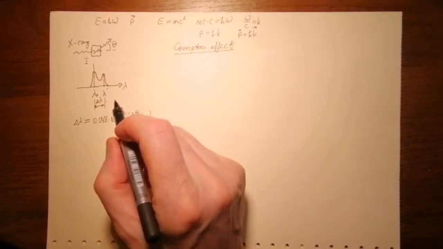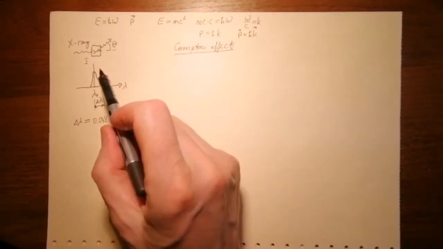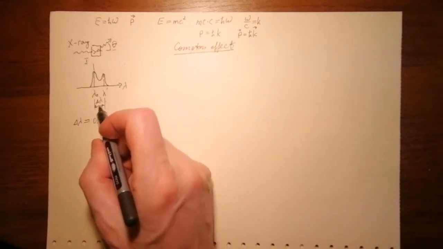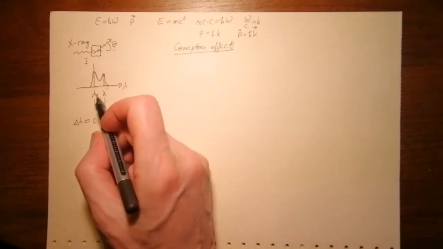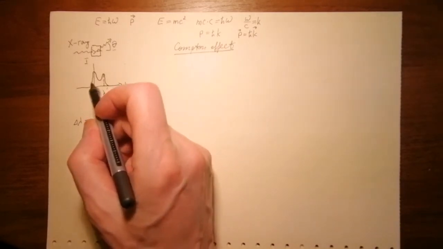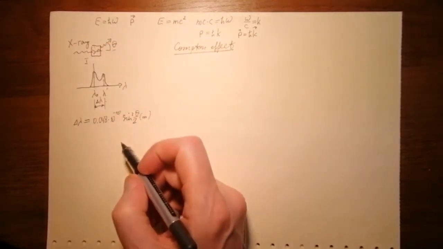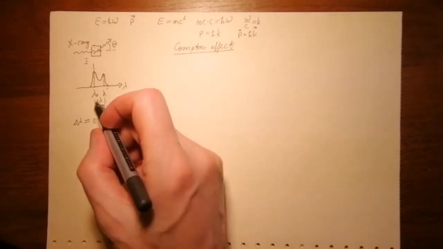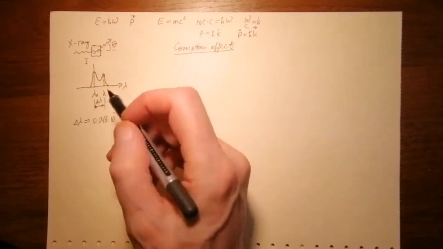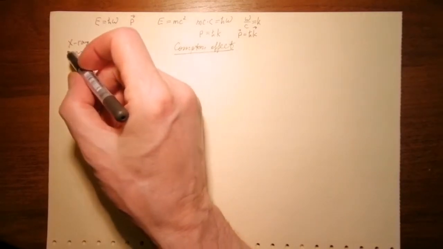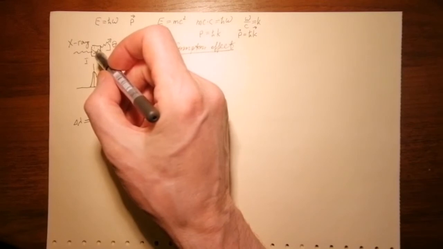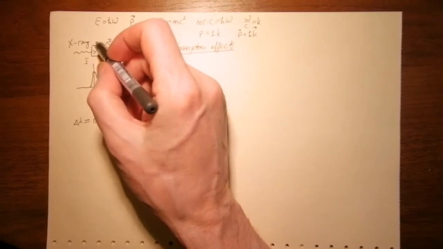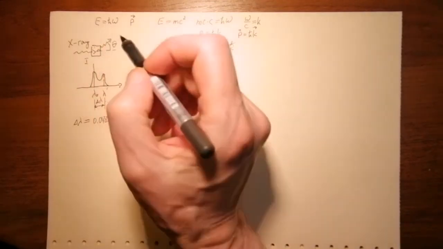This experiment was done with different materials and with different wavelengths, and it appeared that delta lambda doesn't depend on the primary lambda 0 or on the substance used. Then it was suggested that the observed result is due to scattering of photons on single, free electrons which are available in this piece of substance.